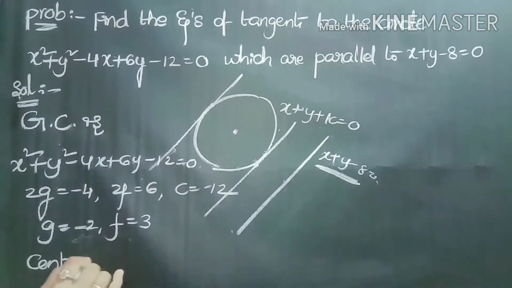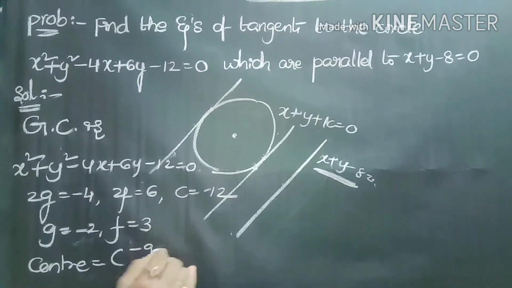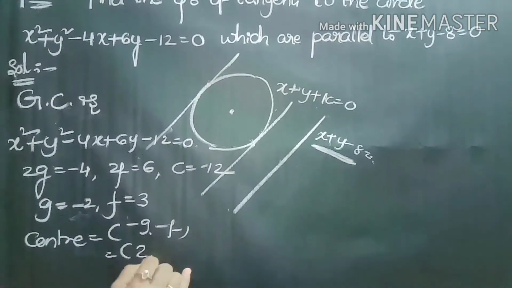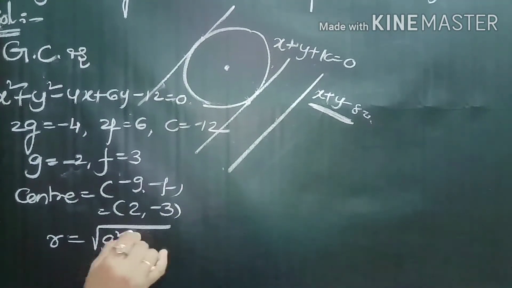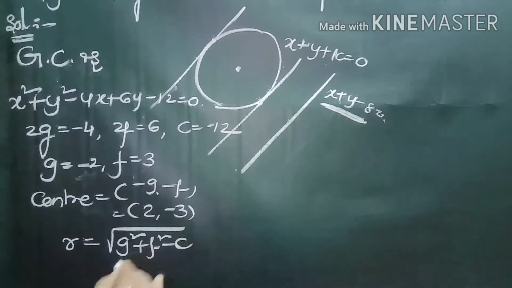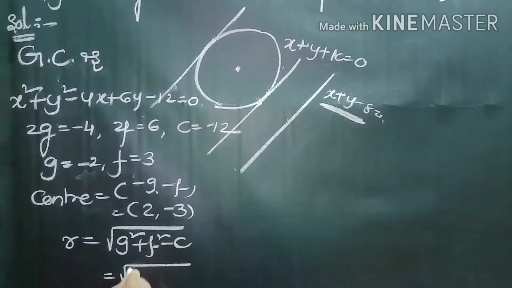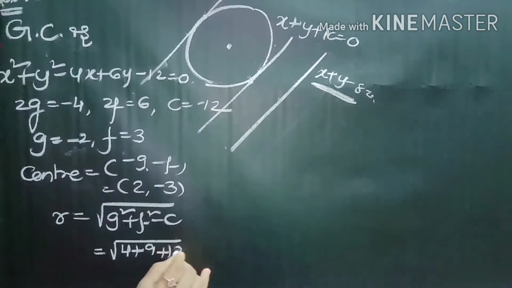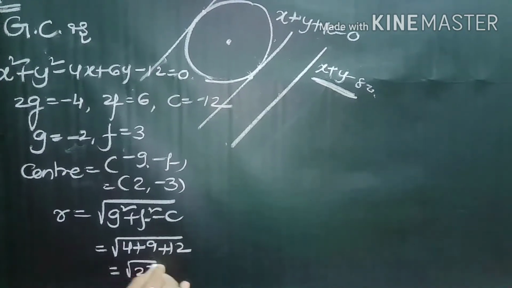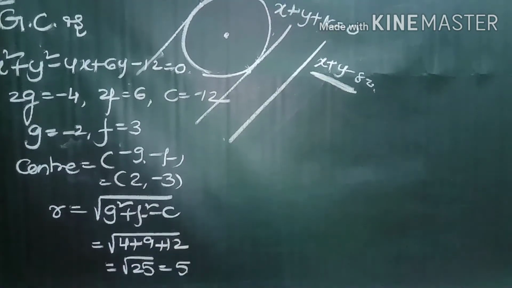Therefore center is minus g comma minus f, which is 2 comma minus 3, and radius r is equal to square root of g square plus f square minus c, that is 4 plus 9 plus 12, root 25, which is equal to 5. This is the radius value.